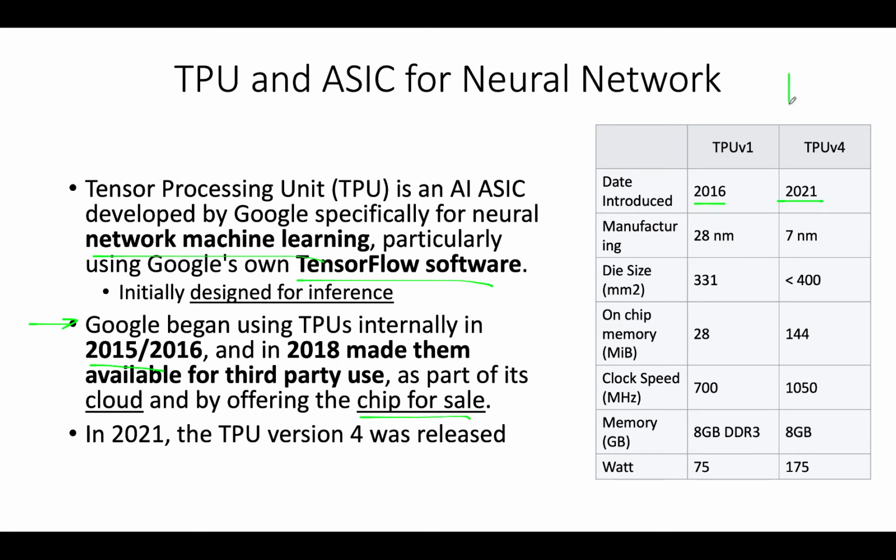As you can see in this table, the new versions include a different manufacturing technology. Now TPUs are manufactured with 7 nanometer technology, with an increased clock speed of around 1 gigahertz and much larger on-chip memory.